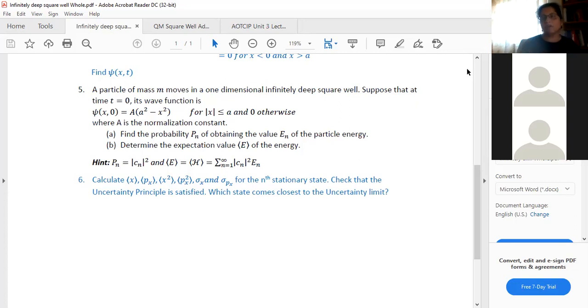It is essentially going to be the ground state. It is the ground state where the uncertainty in position multiplied by the uncertainty in momentum is going to be the minimum. And this is practically true of every system. In fact, it is true of every system. It is going to be the ground state which is the minimum uncertainty state, closest to the uncertainty limit.